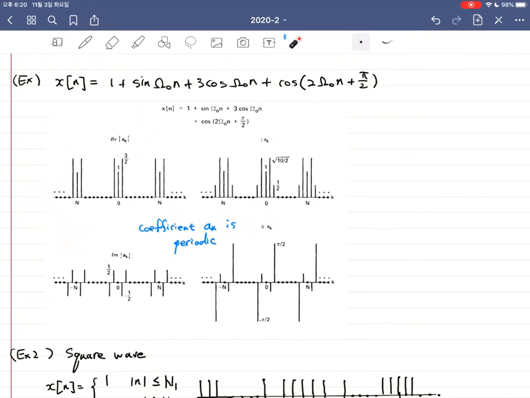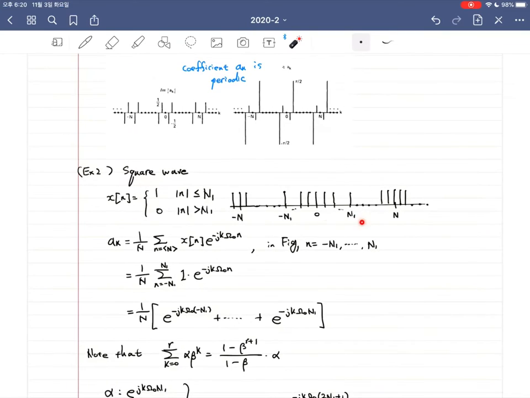And we can see from the first example that the coefficient a_k is periodic. We can see it from the real part and the imaginary part, also from the magnitude and the phase of the polar form.